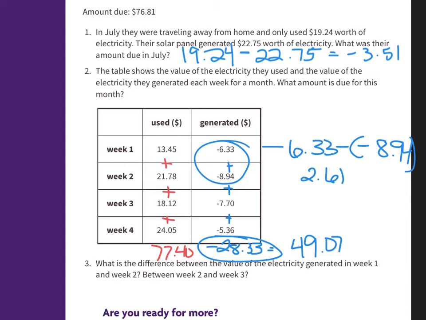And then between week 2 and 3, we're going to subtract those. So negative 8.94 minus negative 7.70, negative 1.24.